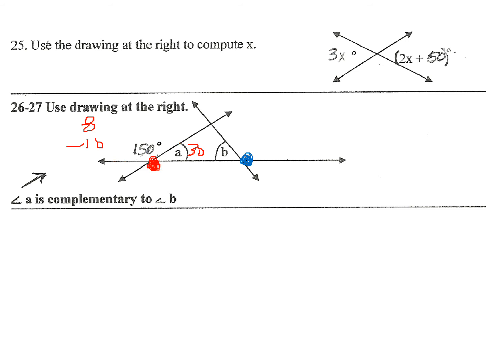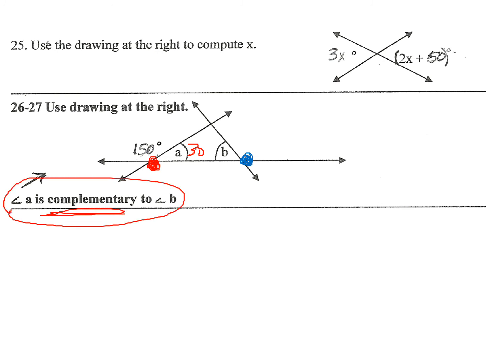Those are two different corners, and as far as you know, they don't have anything to do with each other. So don't say they're supplementary, don't say they're complementary, don't say anything, but you have to look for some extra information. Here's your extra. This is what they told you special as a certain rule to plug in. That's not normal that they do that, but sometimes they will give you some special stuff about it.